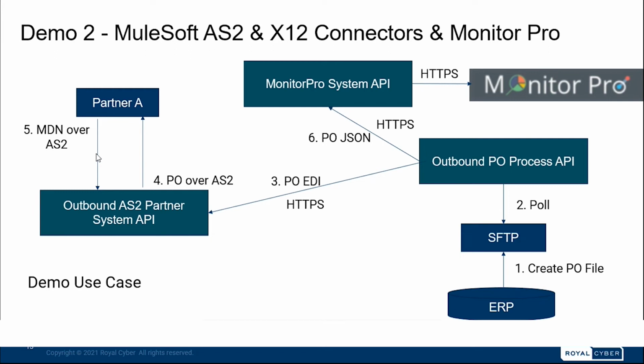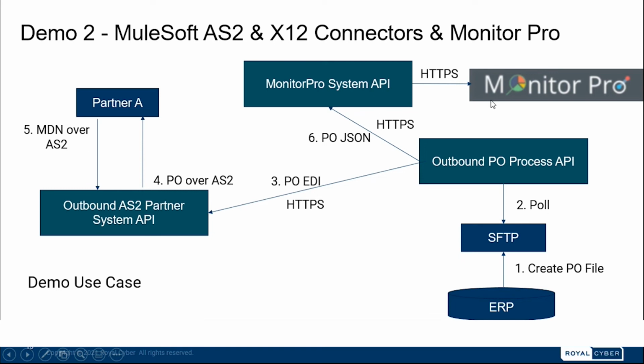Once the transaction is successful, we send the purchase order equivalent JSON to the MonitorPro system API, which sends it over to MonitorPro. Here, the AS2 partner system API uses the AS2 connector to send the PO to the partner, and the outbound purchase order process API is using the X12 connector to convert the PO EDI to an equivalent JSON message, which is sent over to MonitorPro.